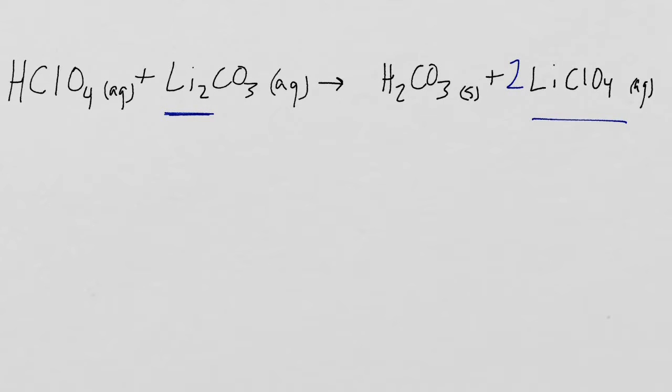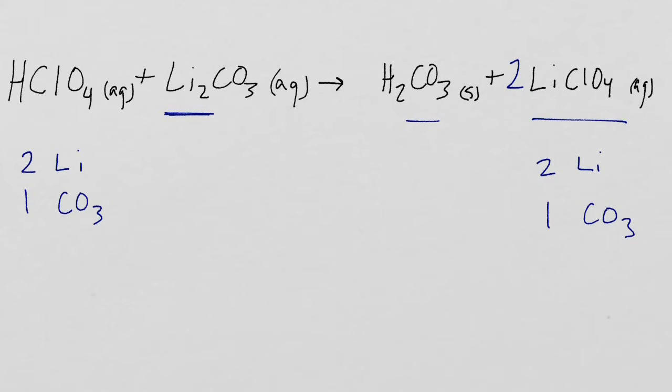We've got 2 lithiums here, and now over here we've got 2 lithiums. What else do we have? We've got a carbonate, CO3. So we've got 1 CO3. How about here on this side? We've got H2CO3. So yeah, we've got a carbonate, 1 CO3.